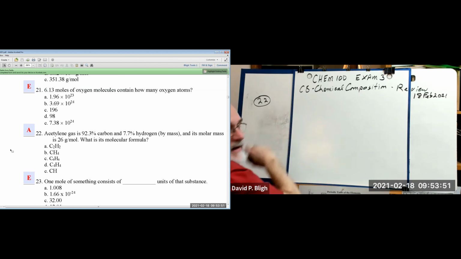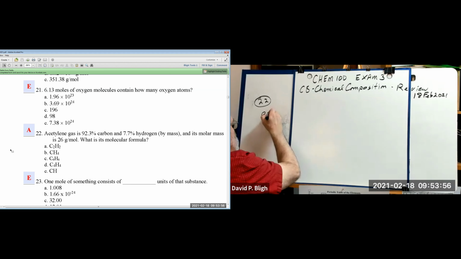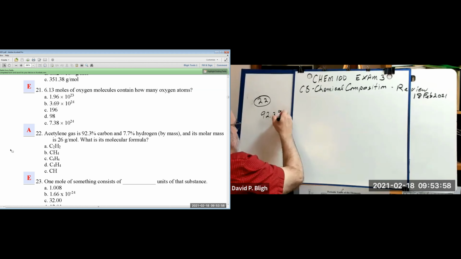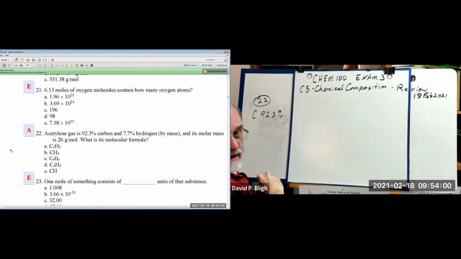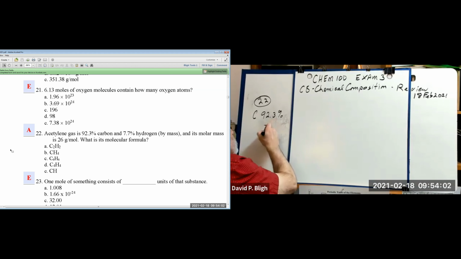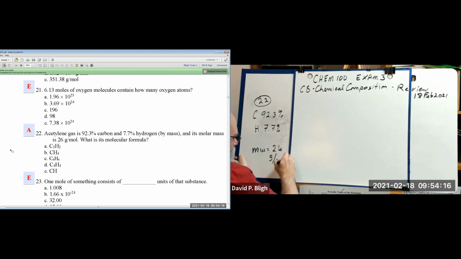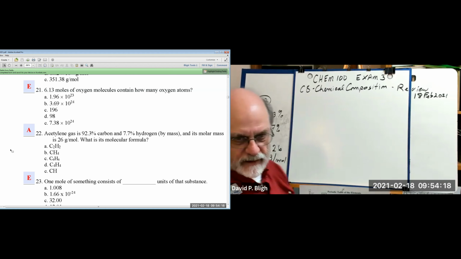Acetylene gas is 92.3% carbon and 7.7% hydrogen. Right? And the molecular weight, I'll put it down here, is given as 26 grams per mole. Okay.